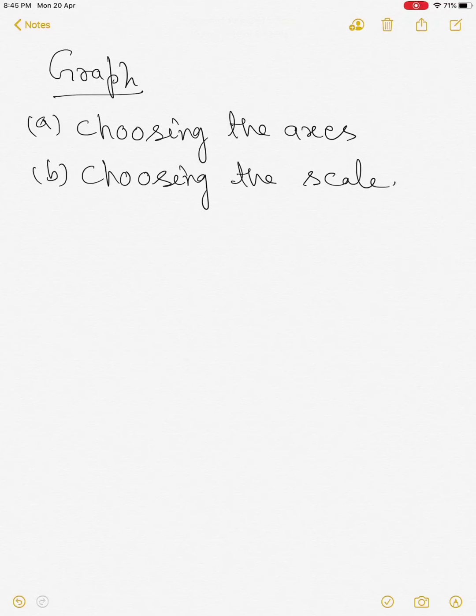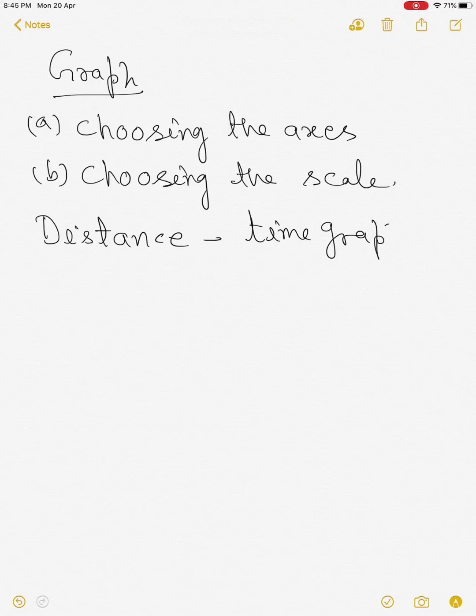So now I am discussing first the distance time graph. To draw this graph, we take distance on the y axis and time on the x axis. I am drawing the graph here.